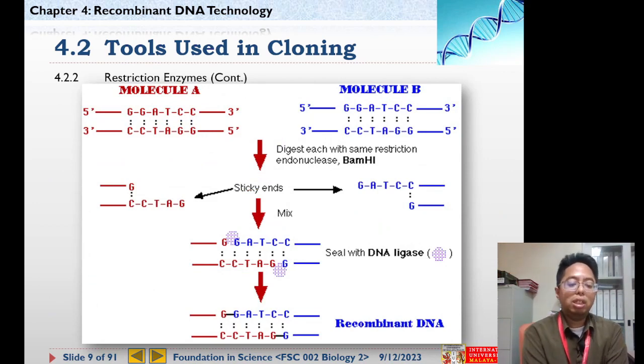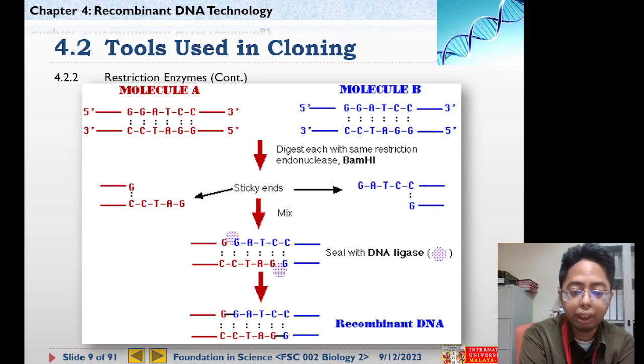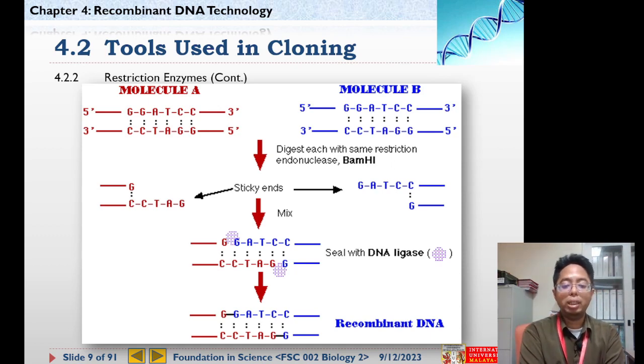For example, you can see in this picture molecule A and B. There are two different DNA molecules from two different sources. If we digest each of them with the same restriction enzyme called BamHI, it will cut them in a way that forms sticky ends, which are unpaired bases. The unpaired bases will always be the same, like GATCC and CCTAG.